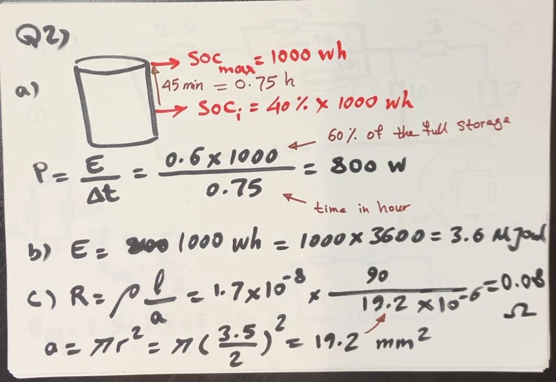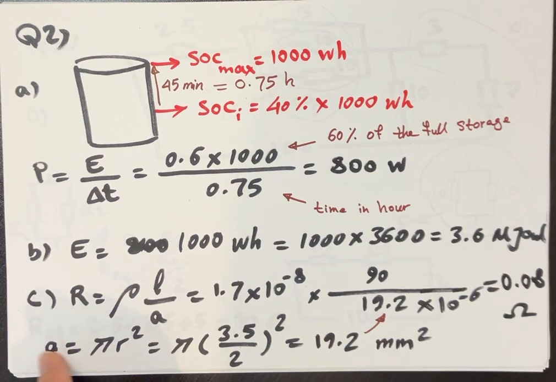Part C is a different question. It's about calculating the resistance of a cable whose length and diameter is given. You need to pay attention if you have cross-section area or diameter. Eventually, what you need in this formula is cross-section area. In this question, we have the diameter of the cable, which is 3.5 millimeter.